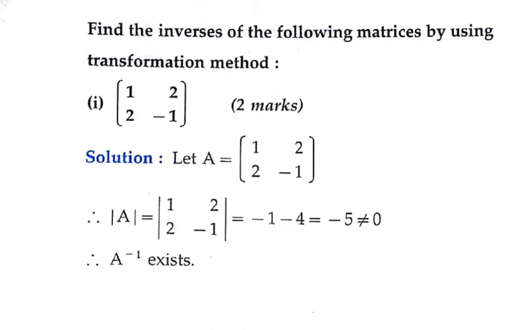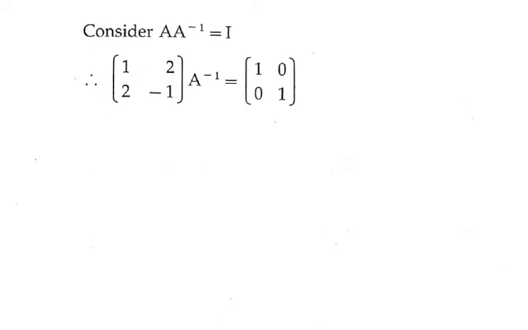So for finding the inverse, we will use the equation A into A inverse is equal to I. So substitute the values: matrix A, that is 1 2 2 minus 1, into A inverse is equal to the identity matrix 1 0 0 1. So let's begin with conversion of matrix A into the identity matrix, and we will use row transformation.